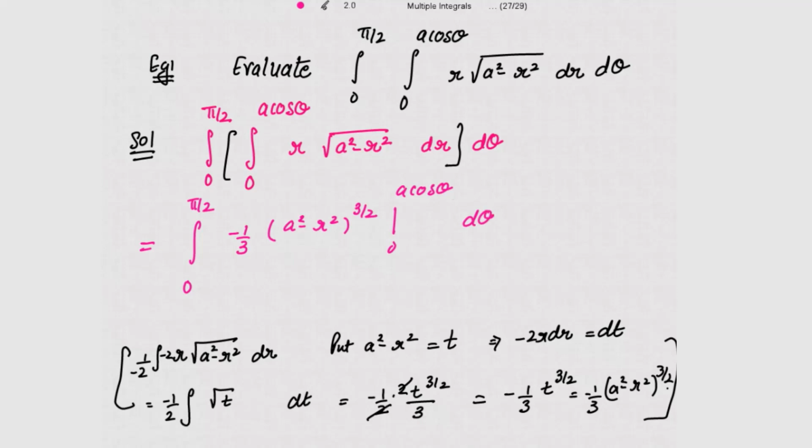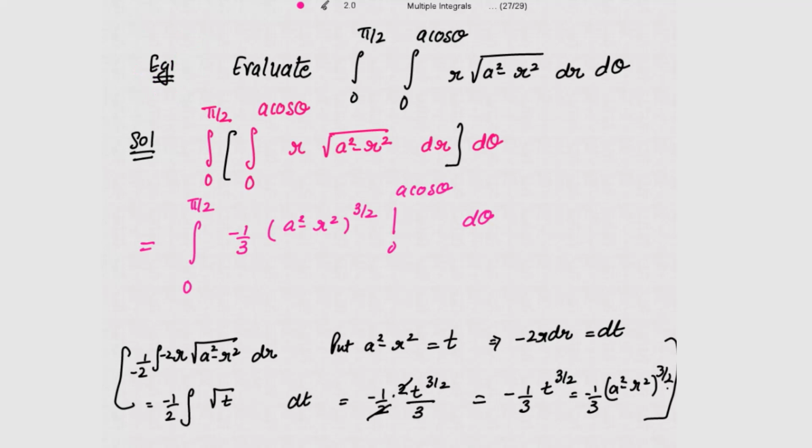So now putting in first a cos theta, and taking minus 1 by 3 outside, the integral from 0 to pi by 2 has a square minus a square cos square theta, which is a square into 1 minus cos square theta, which is sine square theta, right? And the power is 3 by 2.